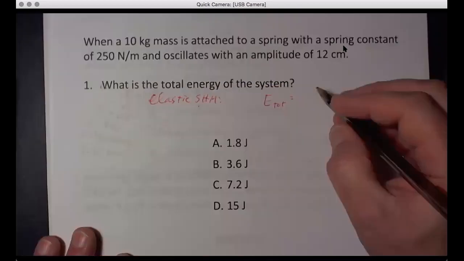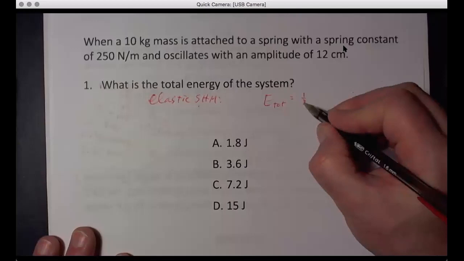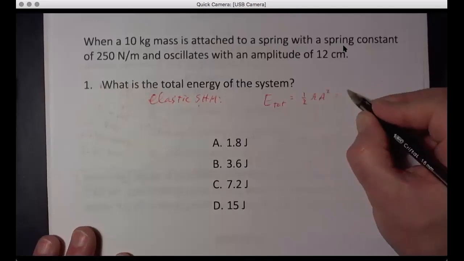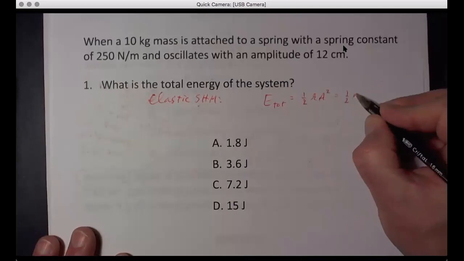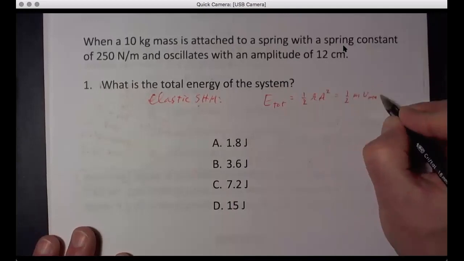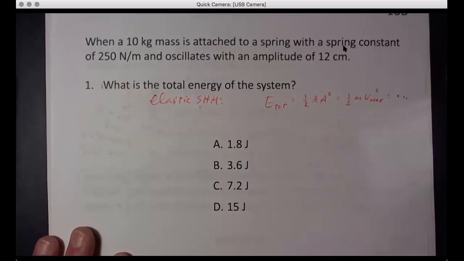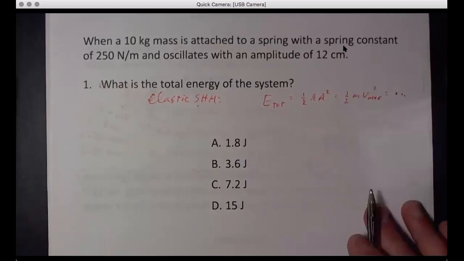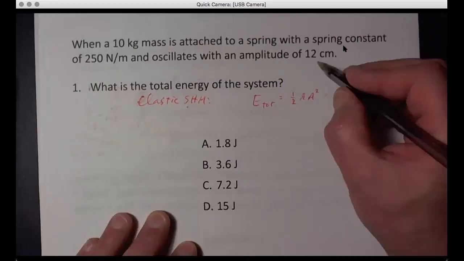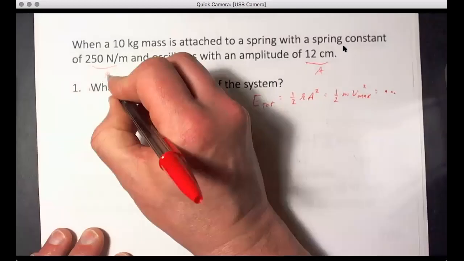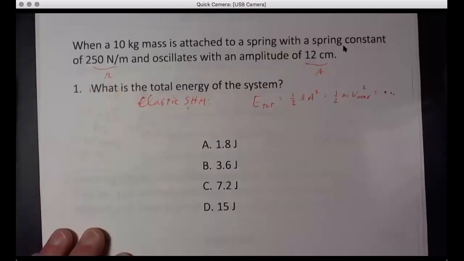E total is equal to 1/2 K a squared, which is equal to 1/2 m v max squared, or some combination of the two, which you can get from energy conservation, but we don't need that here because we have the amplitude, we have K, and we have M.